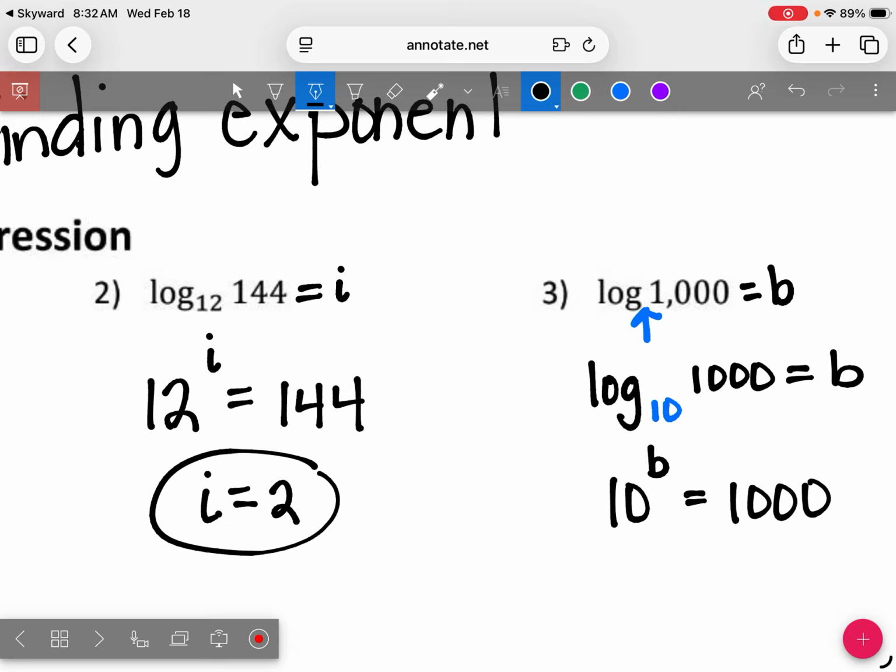All right, what does that number have to be? 3, good.